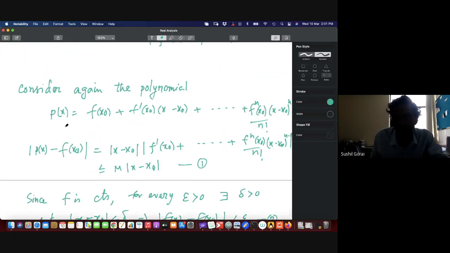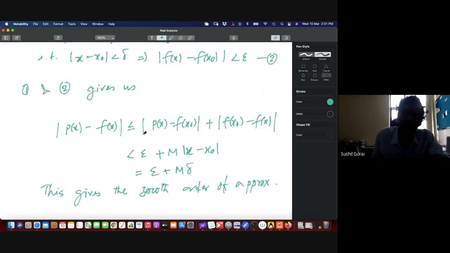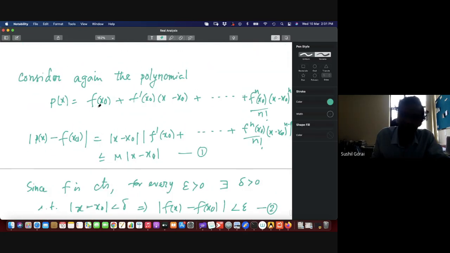So this is the first one. If you look at the derivative p prime x, what is p prime x? p x is this one. In p prime x, this part is constant, so its derivative is 0.